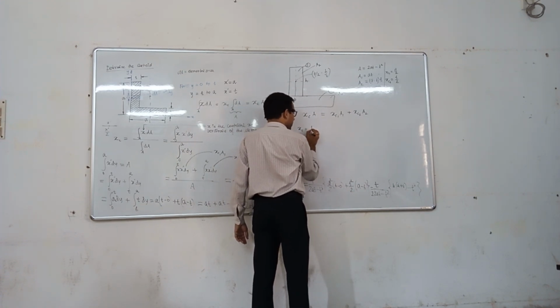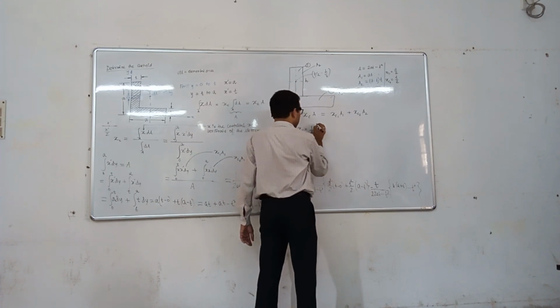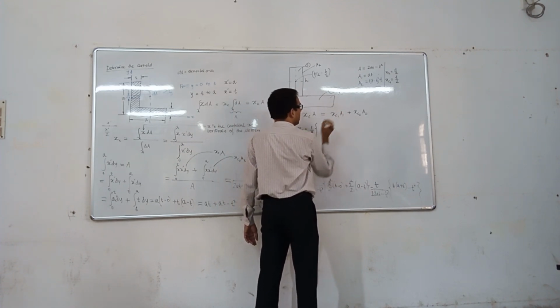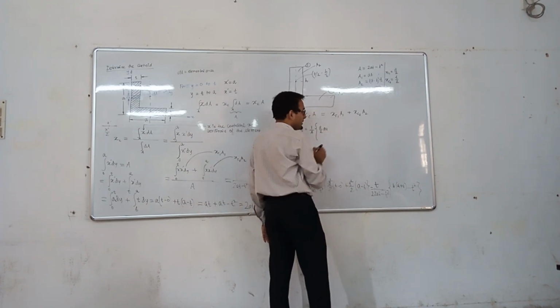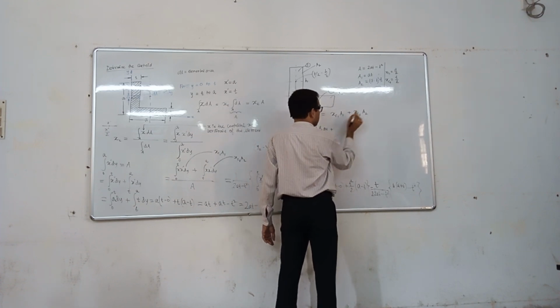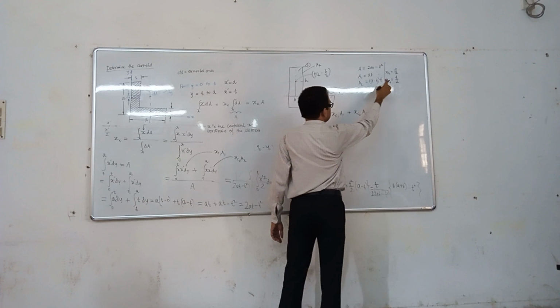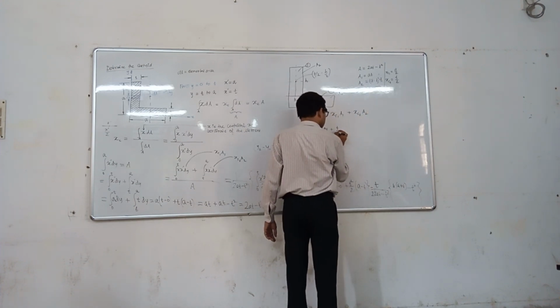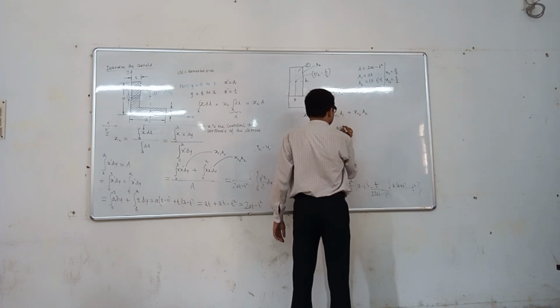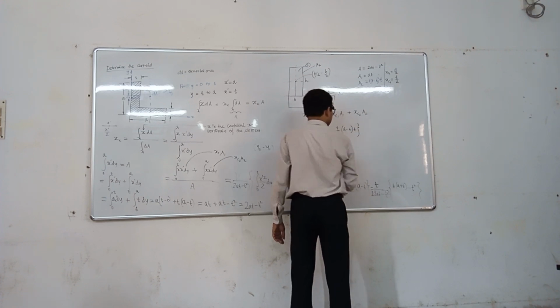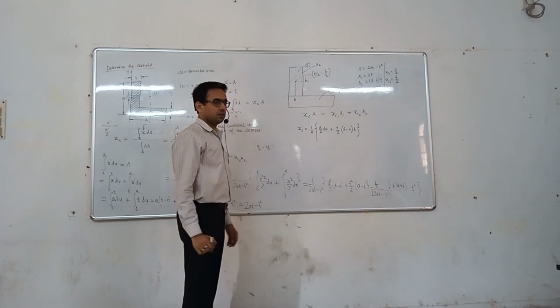is equal to 1 by A, xc1 A1, xc1 is a by 2, A1 হচ্ছে 80, plus xc2, xc2 হচ্ছে t/2, into A2, A2 হচ্ছে a minus t into t, right?